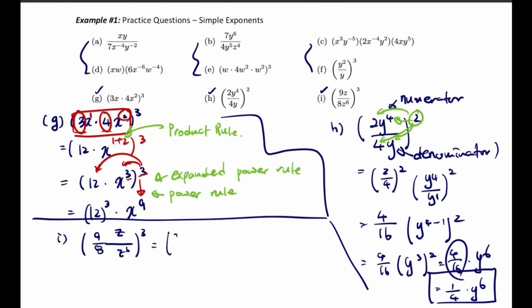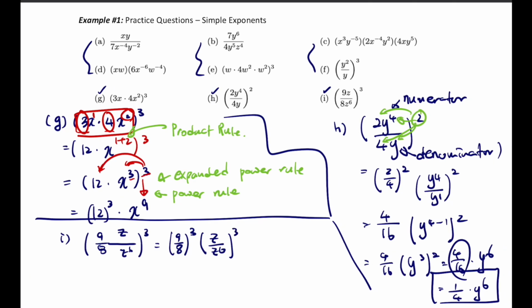So same thing, I'm going to separate my coefficient and expand the power first. So z over z to the power of 6, to the power of 3. Then this is the same as 9 over 8 to the power of 3, and z to the power of 1 is hidden in the numerator, right?